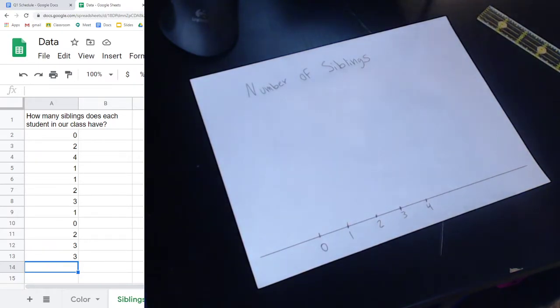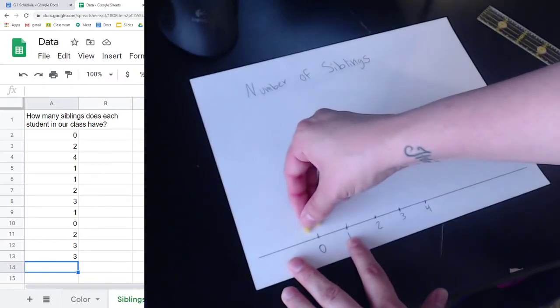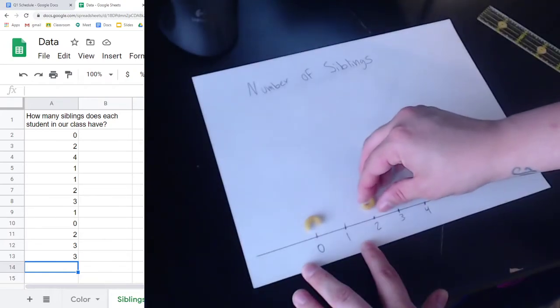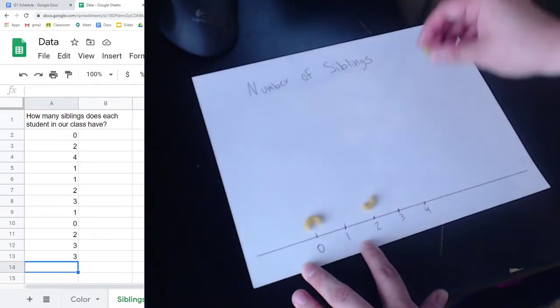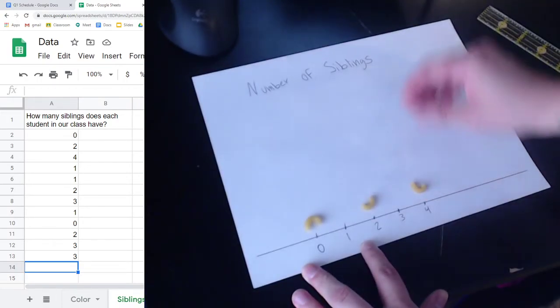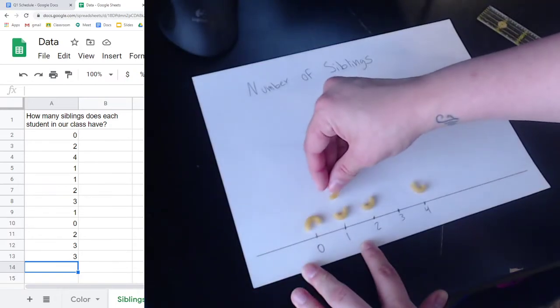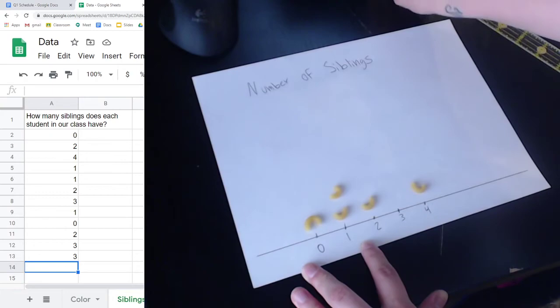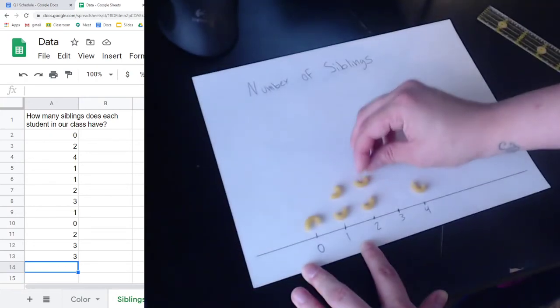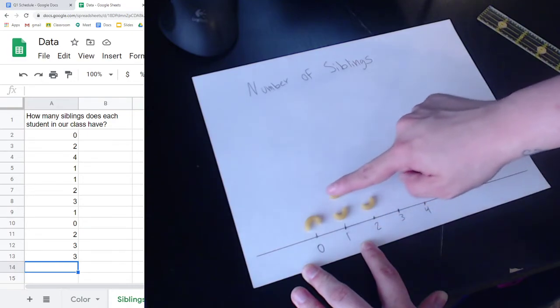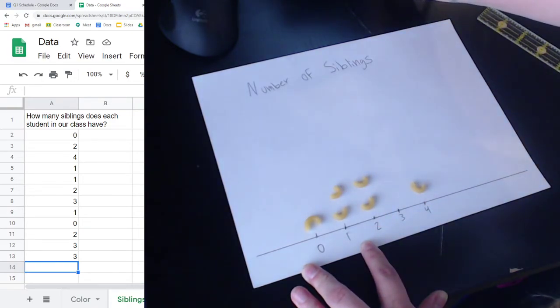So the first student answered 0, their only child. Next student answered 2. The student after that said 4. Then 2 ones. Another 2. And again, I'm making sure that I'm lining these rows up right next to each other.